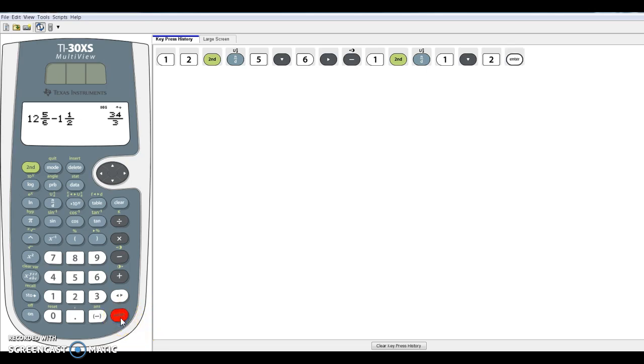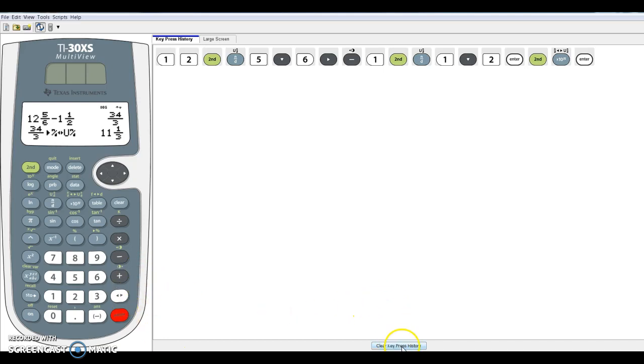And so our answer is 34/3. Okay, now if we want to change that to a mixed number, what we can do is do second and do the scientific notation symbol and then enter. And notice that it's 11 and 1/3, excuse me, 11 and 1/3.